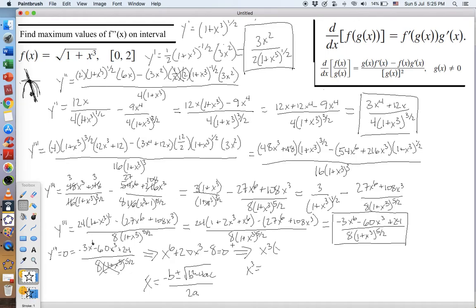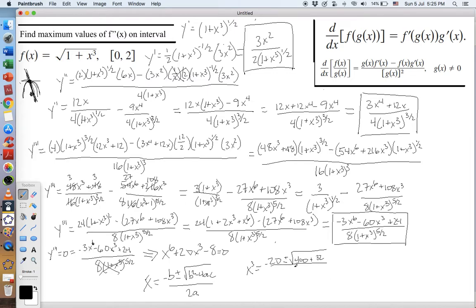At any rate, in order to find the solution to this problem, we can look at x cubed is equal to negative 20 plus or minus the square root of 400, which is b squared. 20 squared is 400, minus 4 times ac, which is negative 32, sorry, we're going to add 32 here.